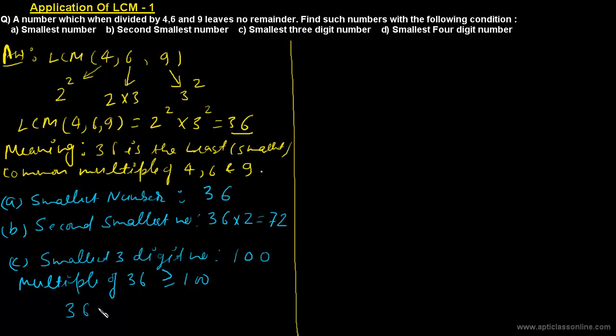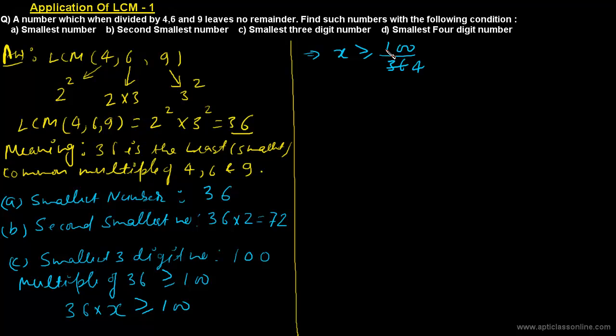Suppose it is x, we are trying to get the x multiple of 36, that has to be greater than or equal to 100. So to find out x, we get x greater than or equal to 100 by 36.